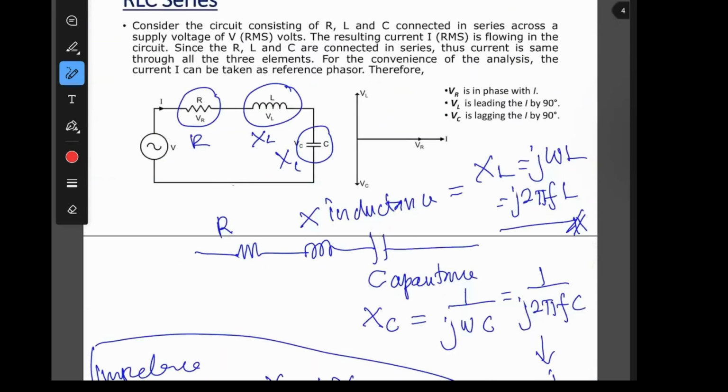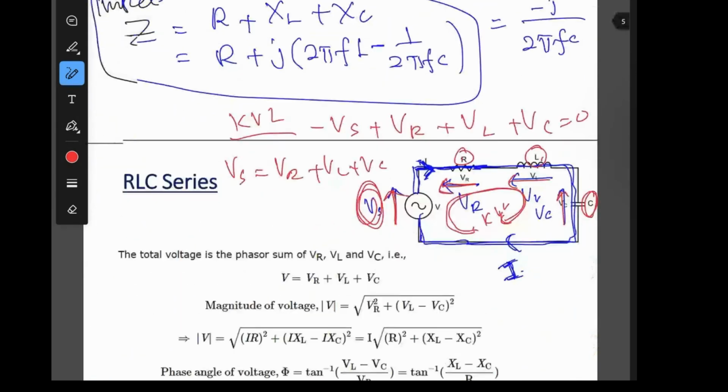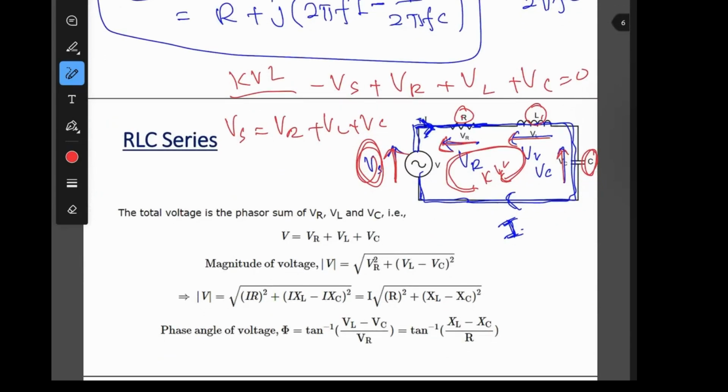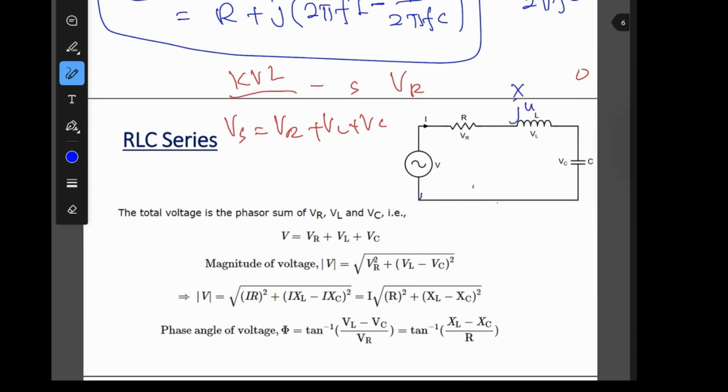So in terms of j, we know that XL is equal to j omega L, XC is equal to minus j over omega C. Okay, minus j.